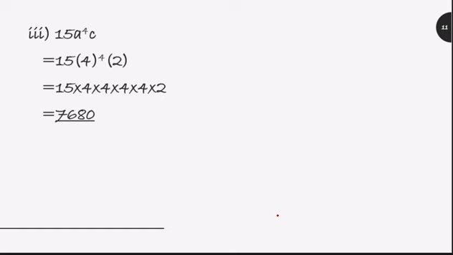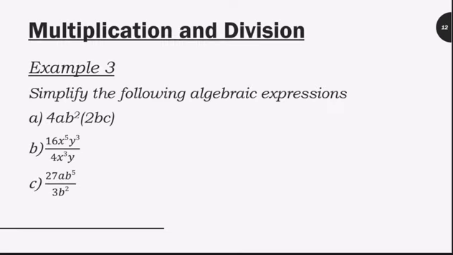Next, multiplication and division of algebraic expressions. Simplify the following algebraic expressions. Try to solve these problems by yourself and see what you get before you replay the video.